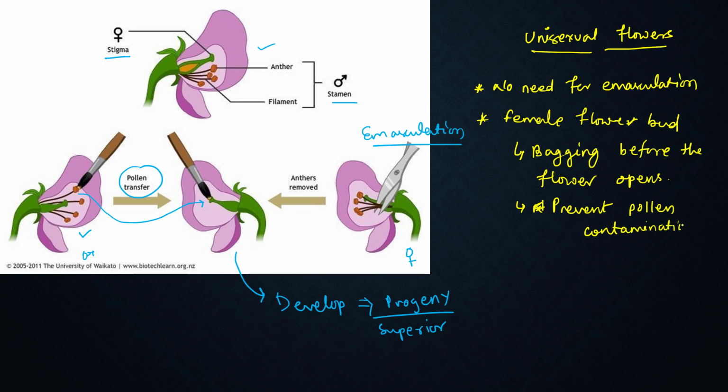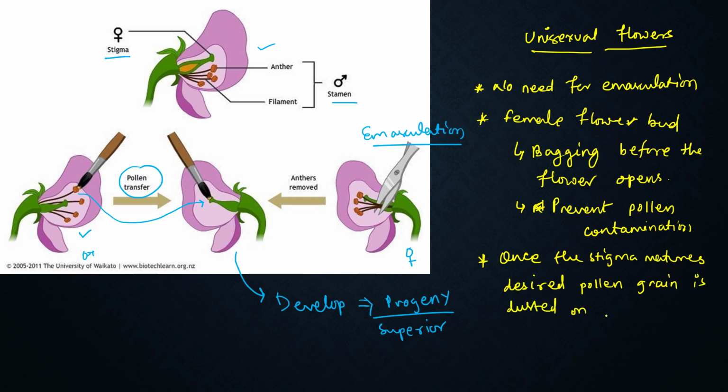And next, once the stigma in the female flower matures, the desired pollen grains are dusted on it to bring about pollination.